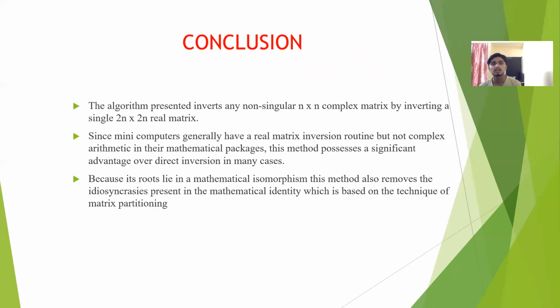Conclusion. The algorithm presented inverts any nonsingular n-by-n complex matrix by inverting a single 2n-by-2n real matrix. Since many computers generally have a real matrix inversion routine but not complex arithmetic in their mathematical packages, this method possesses a significant advantage over direct inversion in many cases, because its roots lie in a mathematical isomorphism.